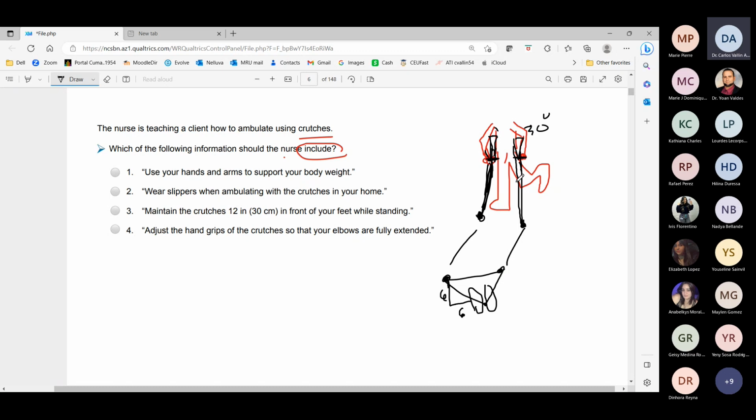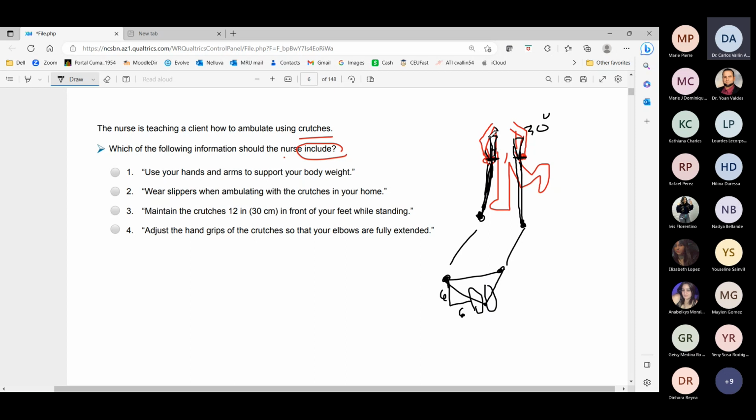Yes, it's true there are complex details about different types of gait, etc. I personally don't think it is important. This is beyond the scope of nursing. It belongs more to the scope of the physical therapist.